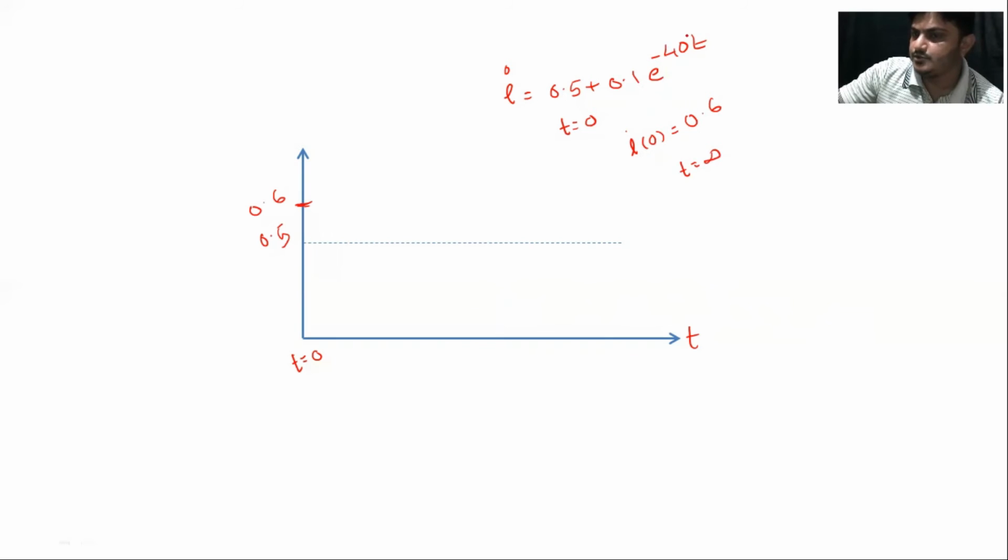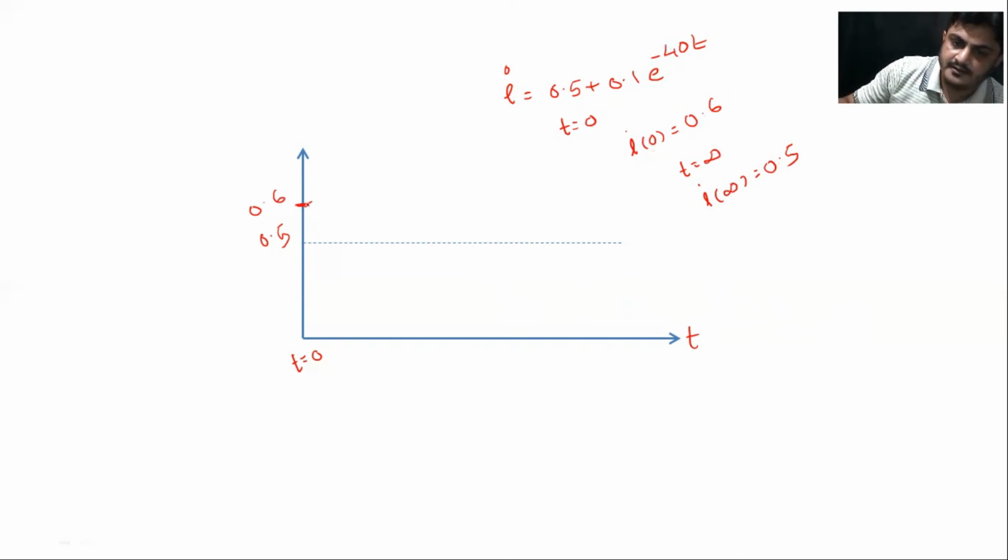Let me put the value t equal to infinite in this equation. If you put t equal to infinite in this expression, what you will get? e raised to minus infinite, that is equal to 0. So it means that I at infinite is equal to 0.5 ampere. So initially my current is 0.6 ampere and it will start decreasing.